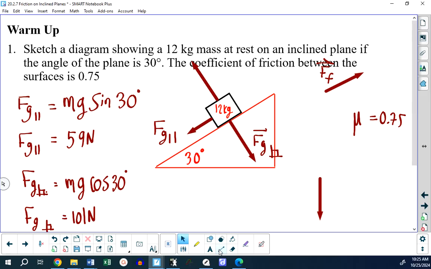There's no acceleration along that dimension towards the ramp or away from the ramp. So the normal force is balanced. The normal force is balanced by the component of gravity that is perpendicular to the surface. Those two forces are equal.